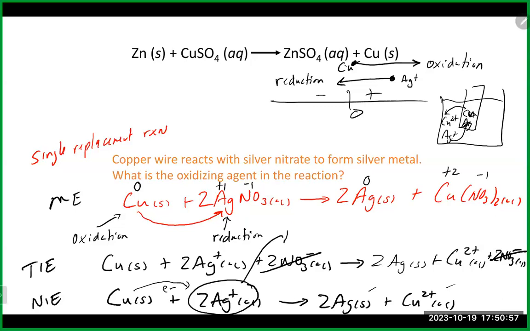Our reducing agent would actually be the solid copper in this case. So again, the agents are opposite of their name. The oxidizing agent is the guy being reduced, and the reducing agent is the guy that's being oxidized. Any questions on that one there?